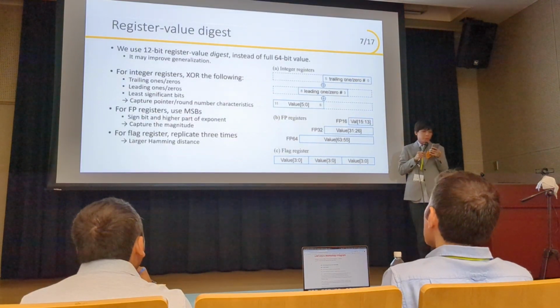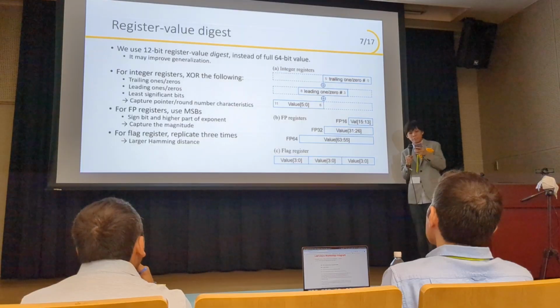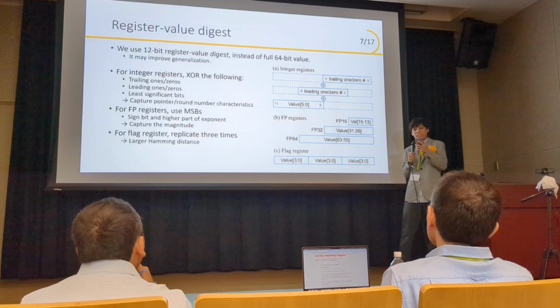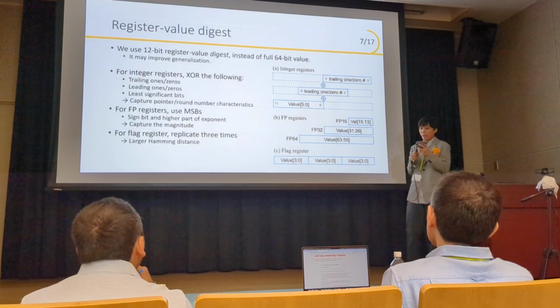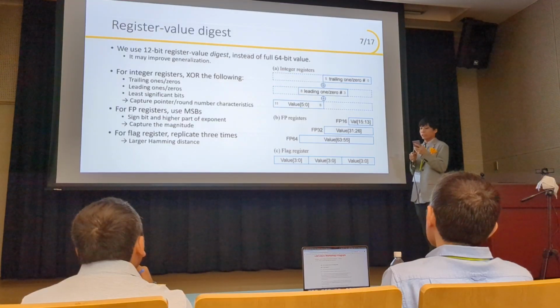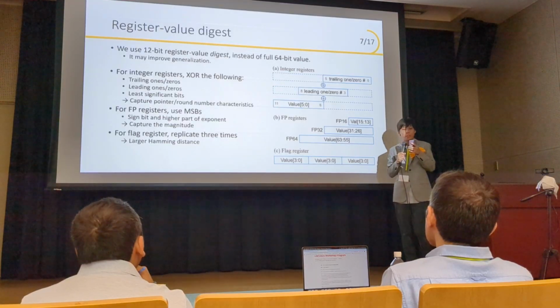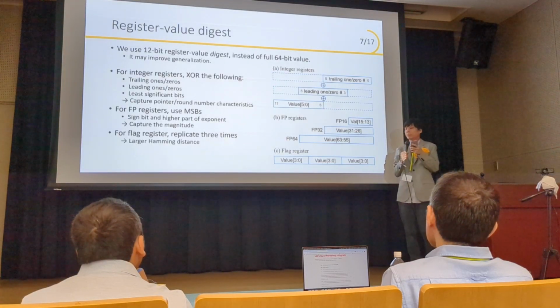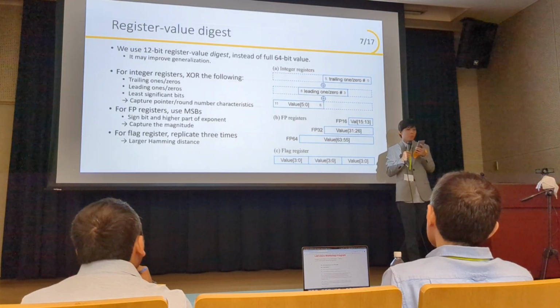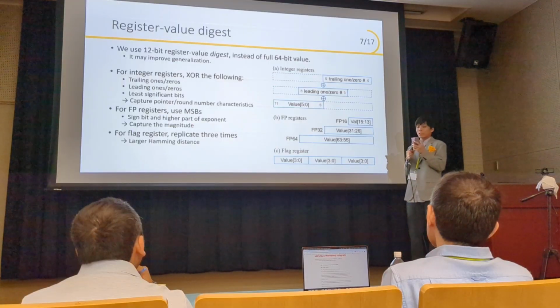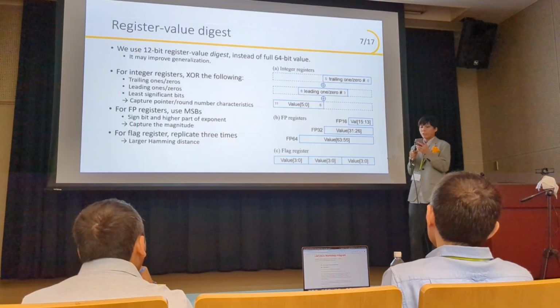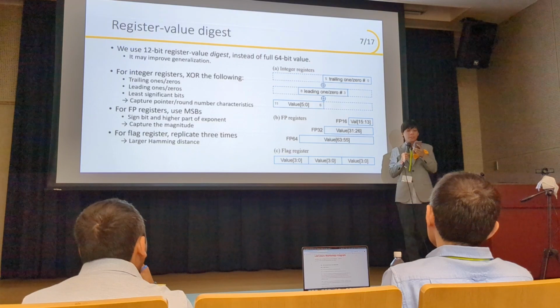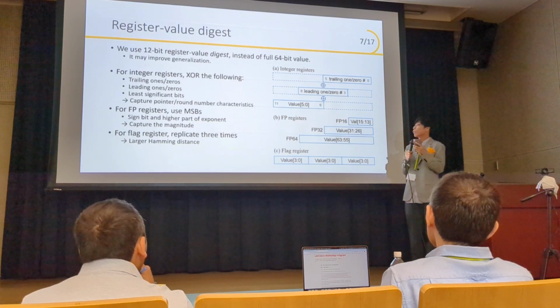A full 64-bit value cannot be used for table indexing, so we use a digest. We hope this improves generalization. For integer registers, we explore three characteristics: the count of trailing zeros or ones, the count of leading zeros or ones, and the lower 6 bits.